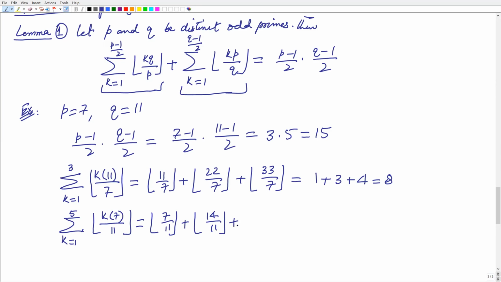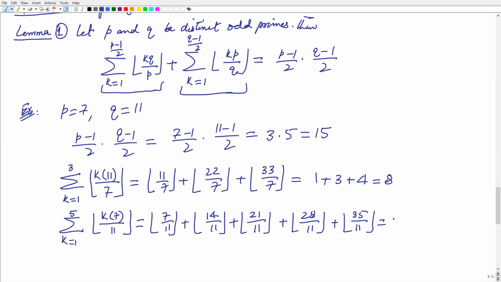When k is 3, 21 by 11. When k is 4, 28 by 11. When k is 5, 35 by 11.